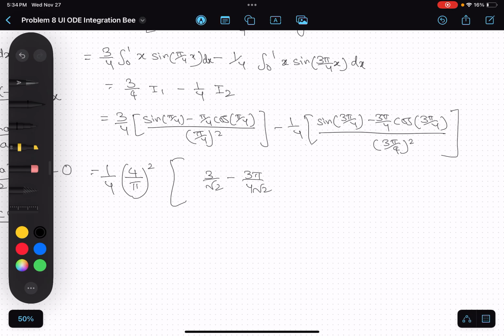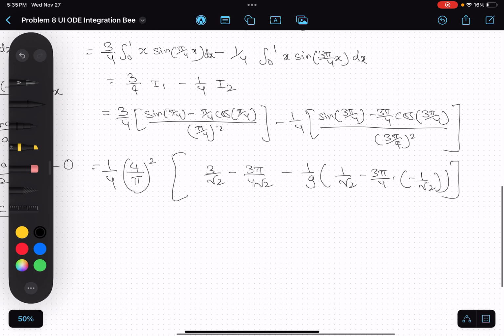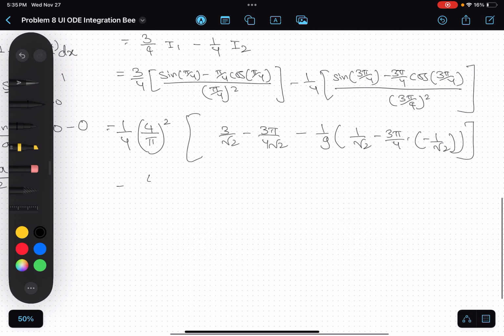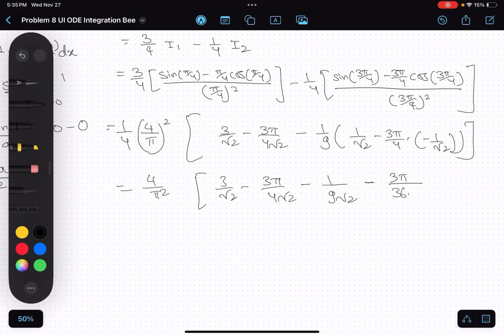And over here this is already taken common, so minus 1/9 times (1/root 2 minus 3pi/4, that's minus 1/root 2), right? So this is 4/pi squared times (3/root 2 minus 3pi/(4 root 2) minus 1/(9 root 2)). This is plus and again minus, so minus 3pi/(36 root 2).